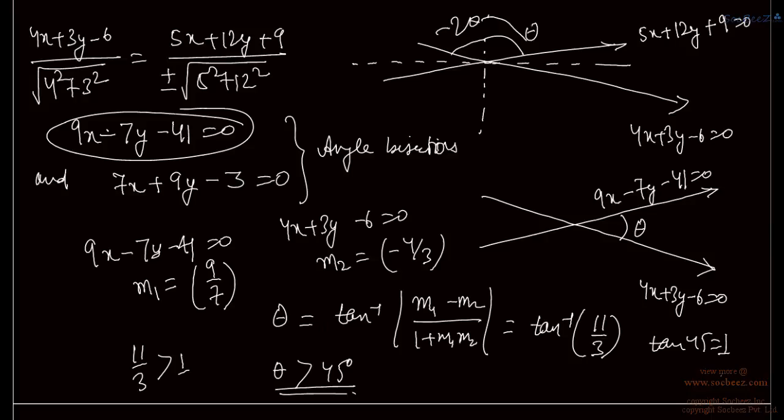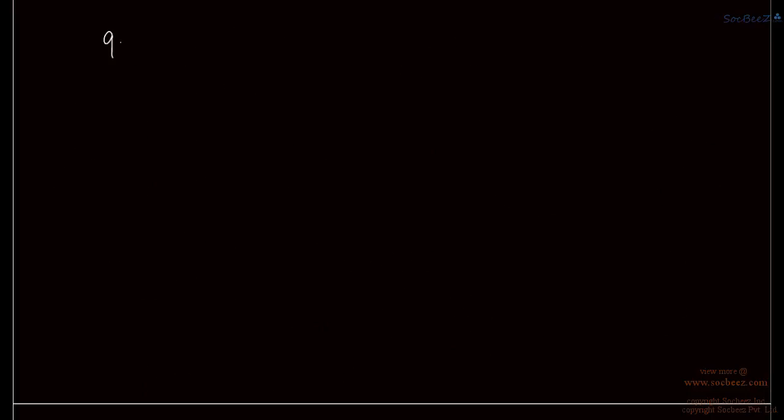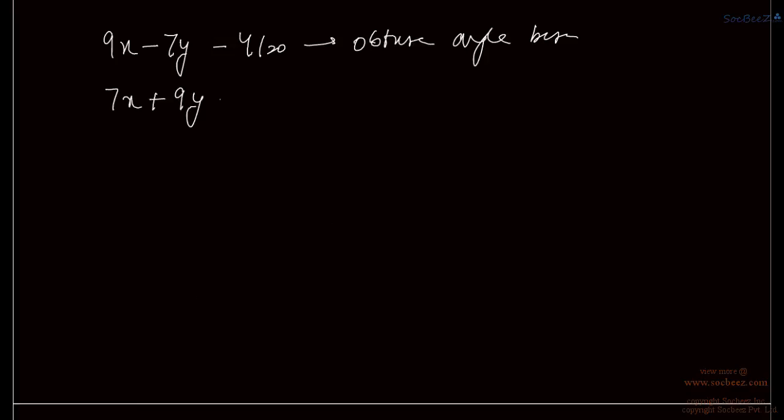That is, 9x - 7y - 41 = 0 is the obtuse angle bisector, and the other one, 7x + 9y - 3 = 0, is the acute angle bisector. So in this way we can find the obtuse angle bisector and the acute angle bisector distinctly.